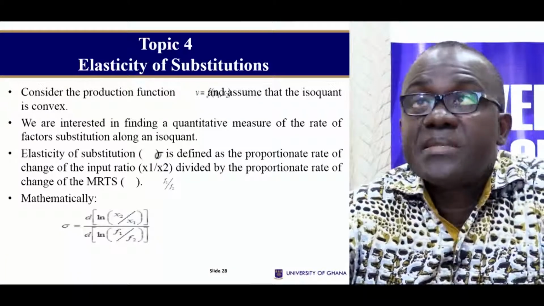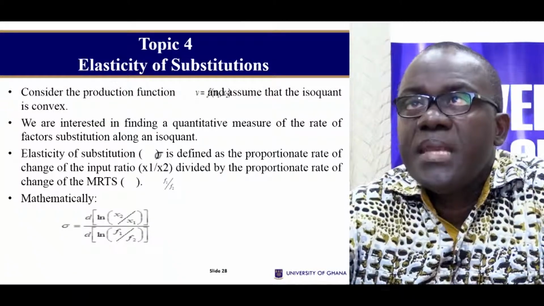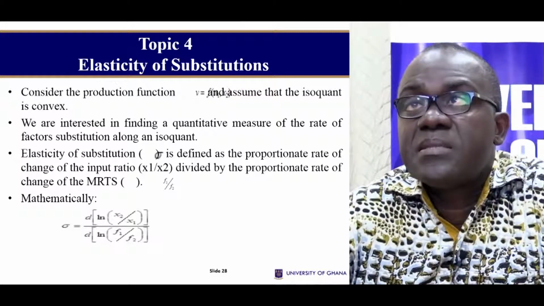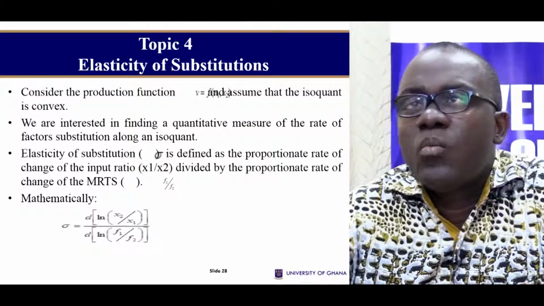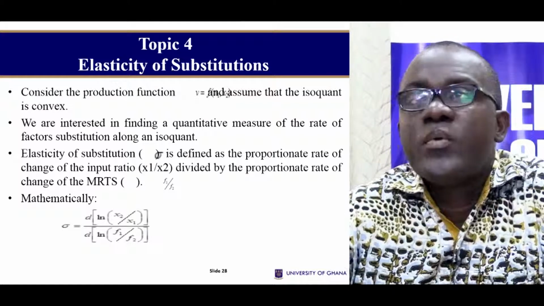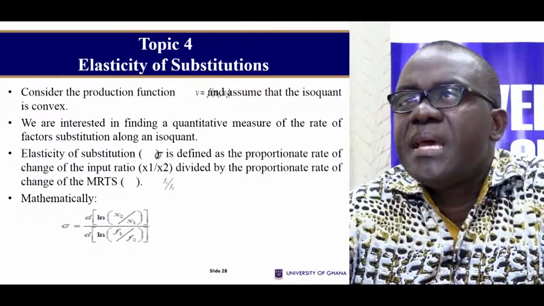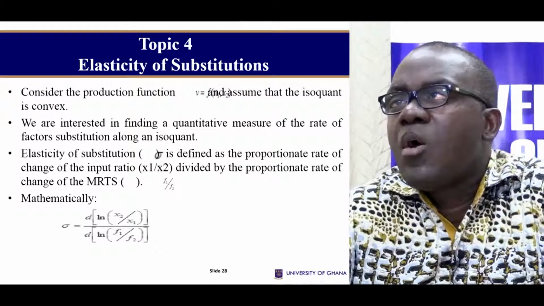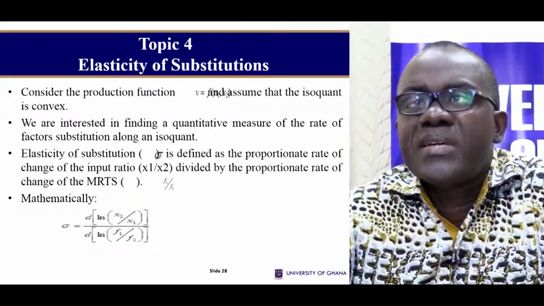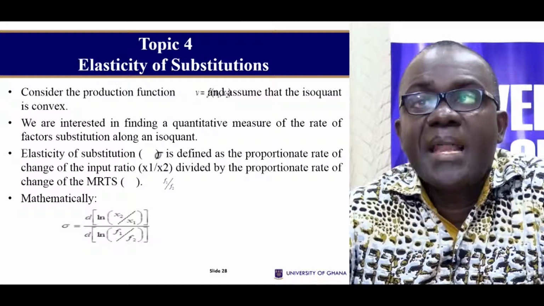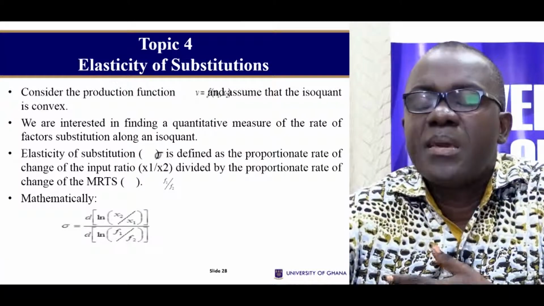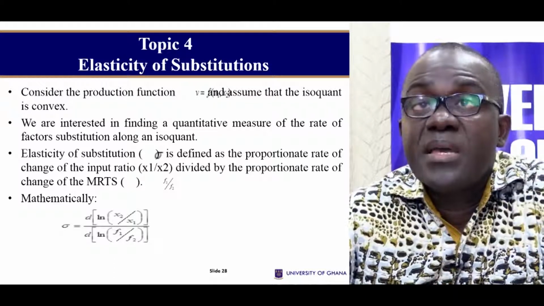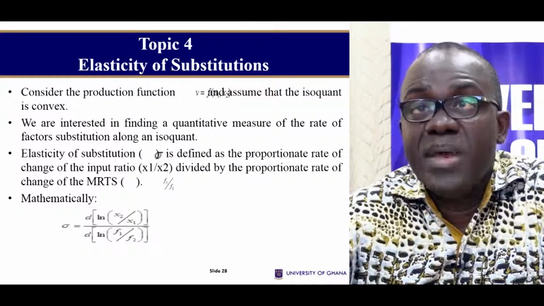The last thing that we would like to talk about is the elasticity of substitution. If we look at our function that we have been dealing with, what we are interested in is finding a quantitative measure of the rate of factor substitution along an isoquant. We are interested in finding the rate at which one input is substituted for another using a more quantitative measure.